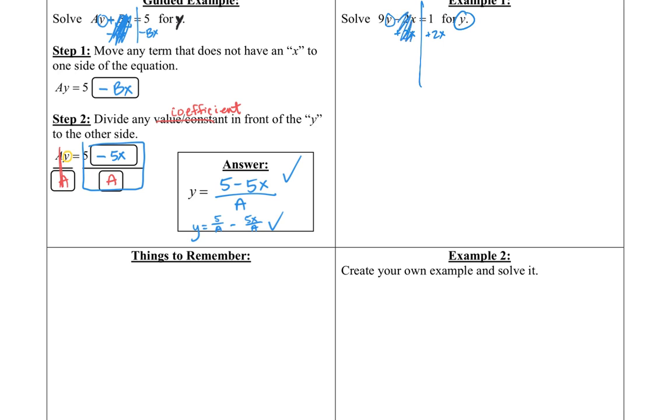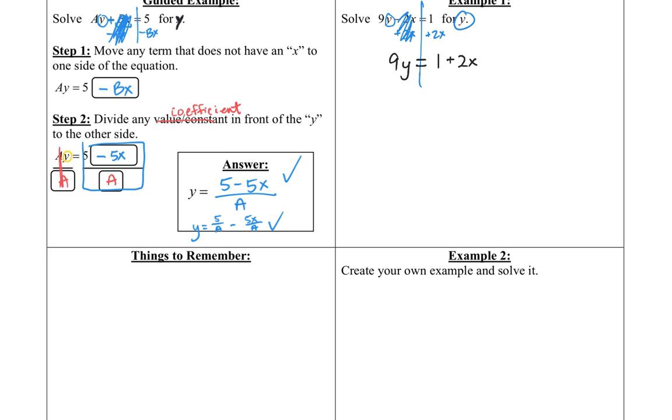So on my left side, I have a 9y equals, and on my right side, here's the part you really have to pay attention to. It's a 1, and we added 2x to it. They're not like terms. You can't combine them. It is what it is. Okay? And then lastly, step 2, divide by the coefficient.